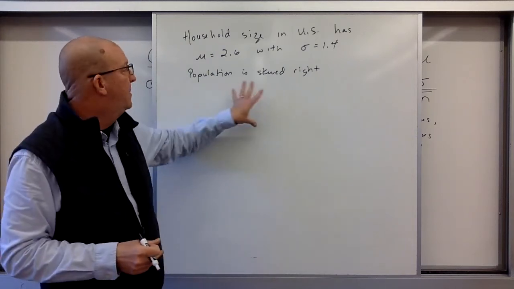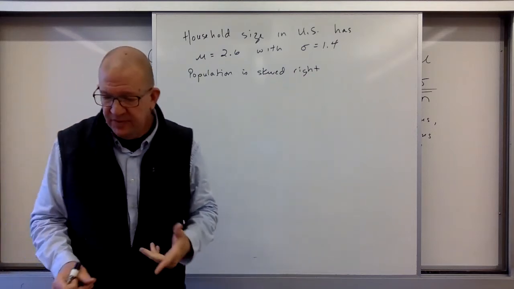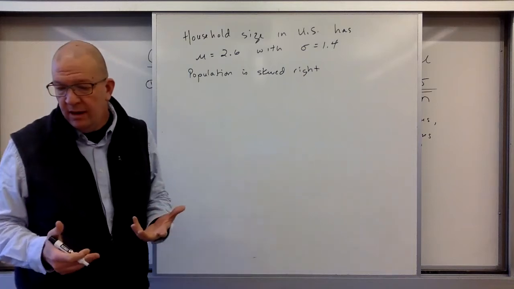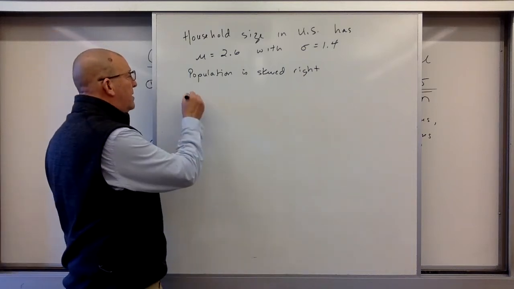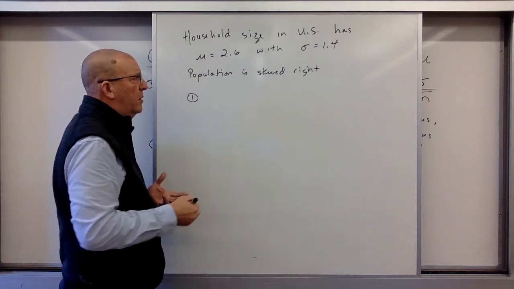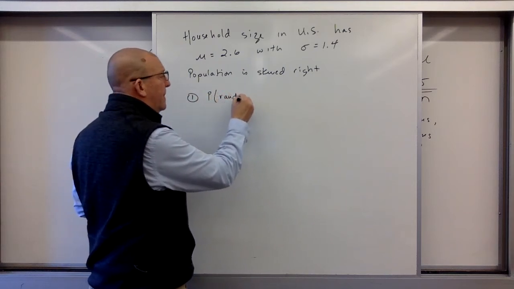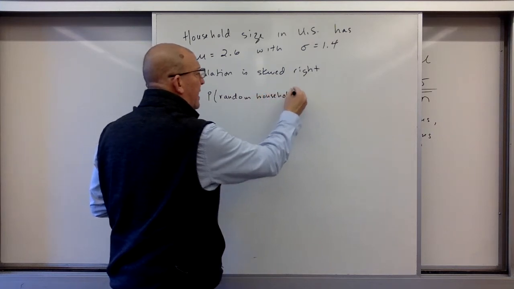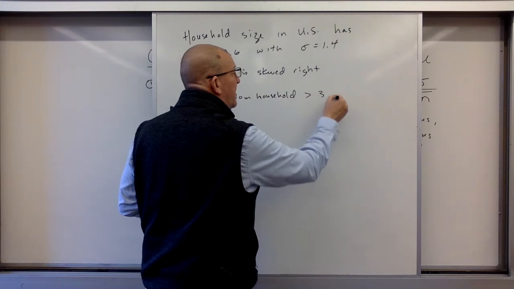But here's the thing. Find the probability that a random household has more than 3 people.